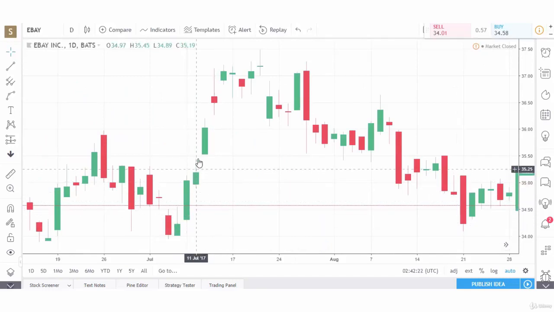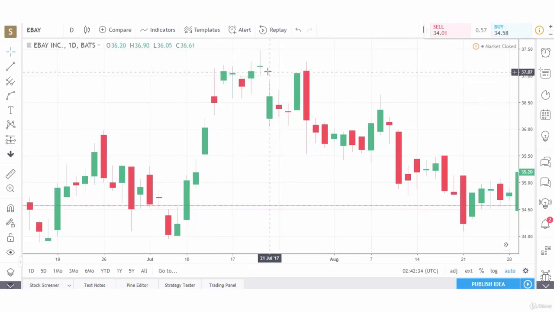Let's look at one last chart of eBay. The stock is in a bullish pattern. This is a daily chart. And then on July 20th, we get a clear doji. Look at the long shadows and the very slim horizontal line.